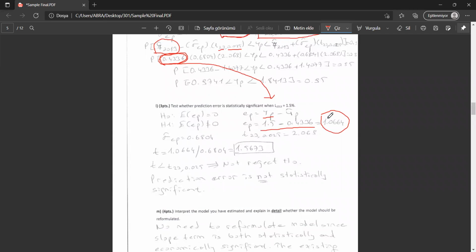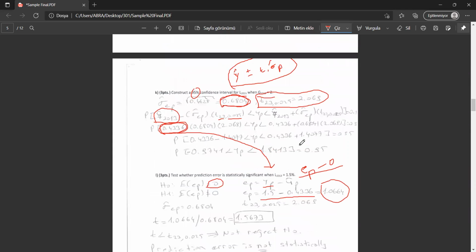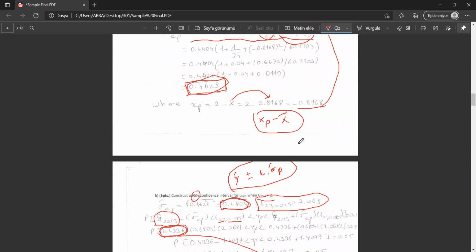Now to test it, first we are writing this value, you see. We write 1.06 and then we subtract the null hypothesis value, which is 0, and divide it by the standard error of the thing we are testing, which is found in the previous part, right?